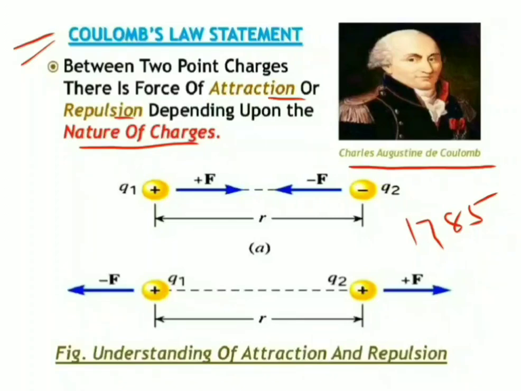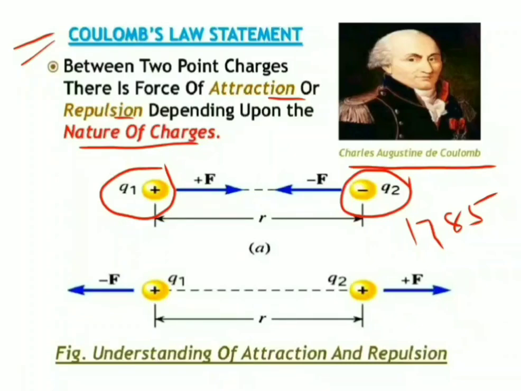Okay, so as we can see here, we have a configuration where we have two charges, q1 which is positive and q2 which is negative, and both are separated by this finite distance which is given by small r, and these two forces are the forces acting due to these two different charges on each other.